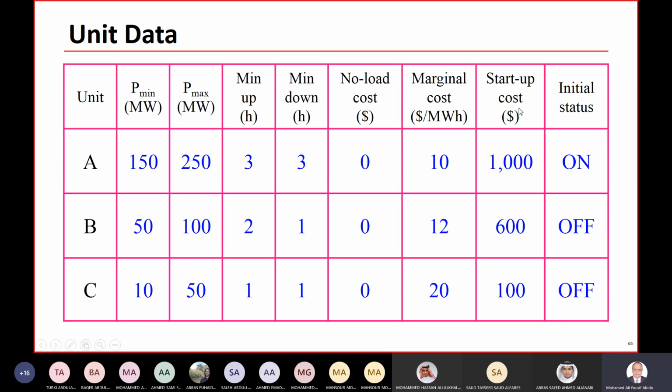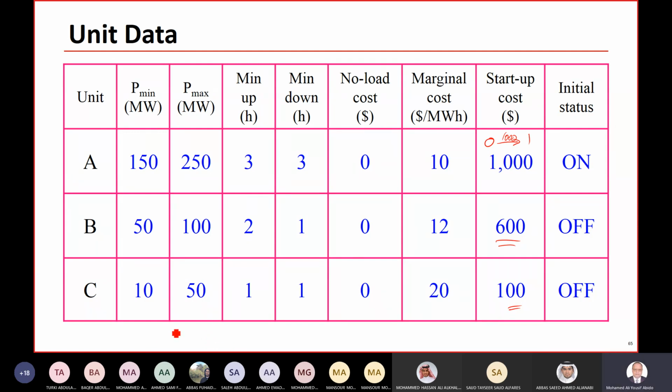The startup cost is $1,000 for unit A. If you change the status of unit A from 0 to 1, you switch it on, then you have to pay $1,000 for startup. For this one it is $600, and for this one $100 if you start it up.